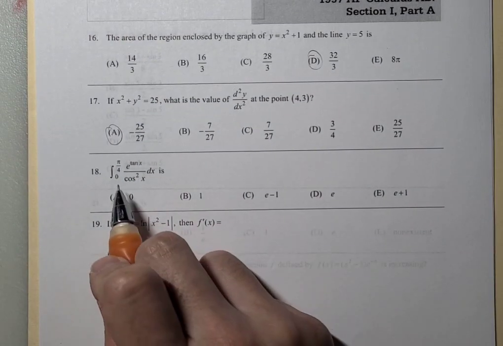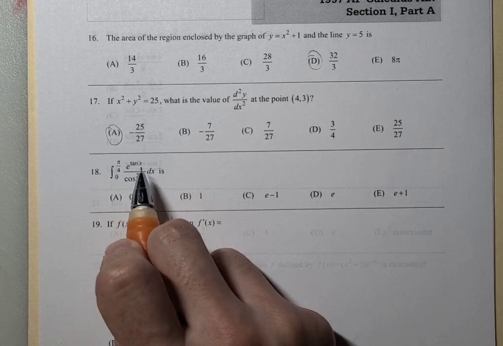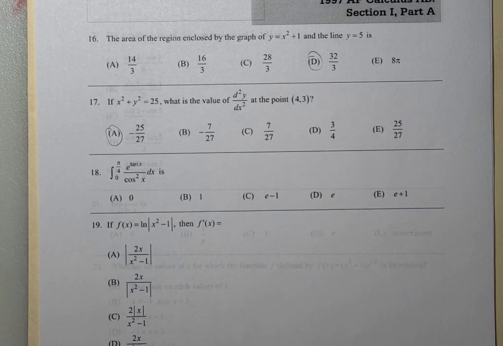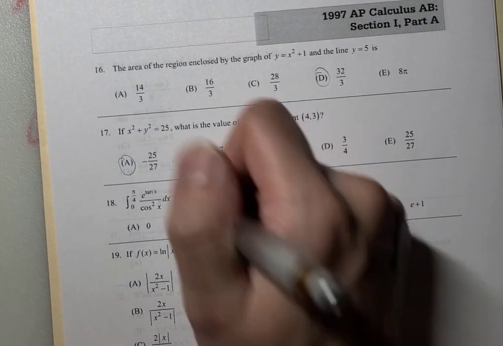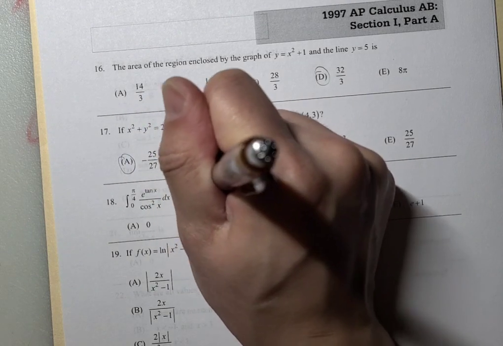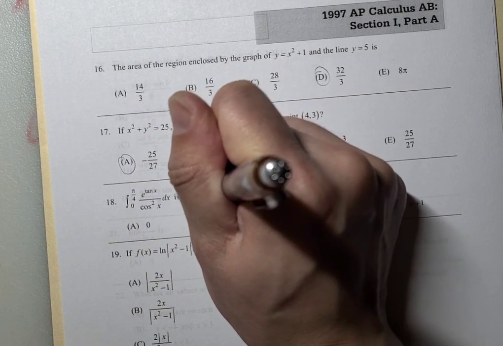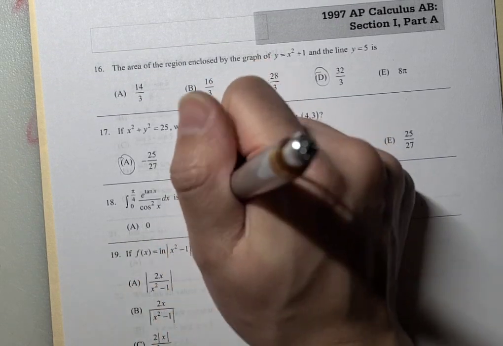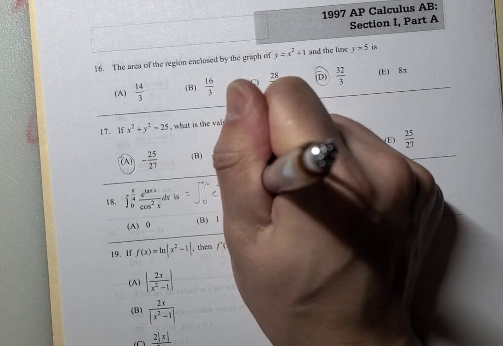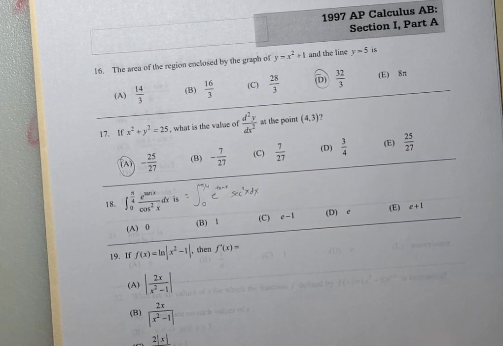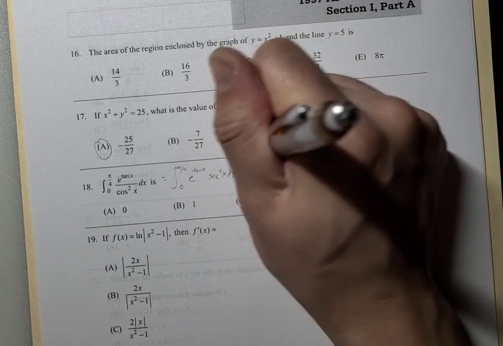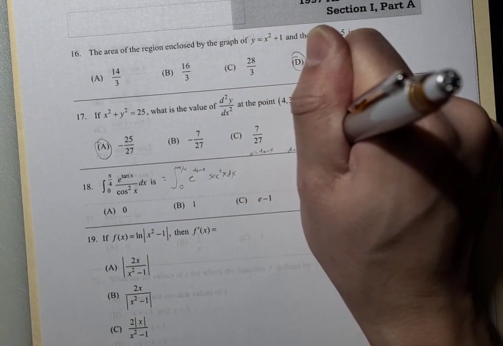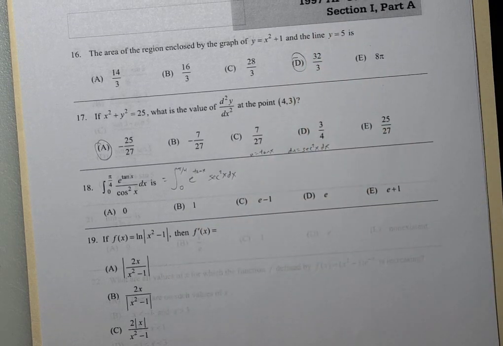Okay, we have this integral from 0 to pi over 4, e to the tangent x over cosine squared x dx. Hopefully you can see that you can rewrite this as the integral from 0 to pi over 4 of e to the tangent x times 1 over cosine squared, which is the same thing as secant squared. So we can make a substitution. u is tangent x, du is secant squared dx.